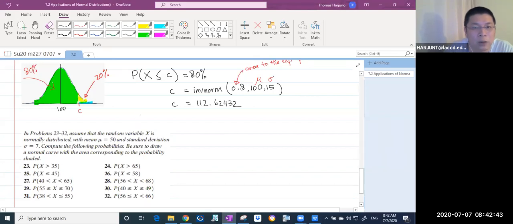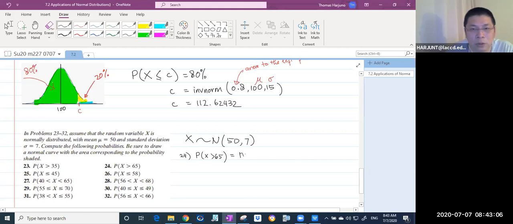For this problem here, they tell us a random variable X is normally distributed. So you write it this way right away: X is normally distributed with the mean 50 and standard deviation 7. That's what you write first. And then on number 24, write the probability notation, and then write the calculator notation.